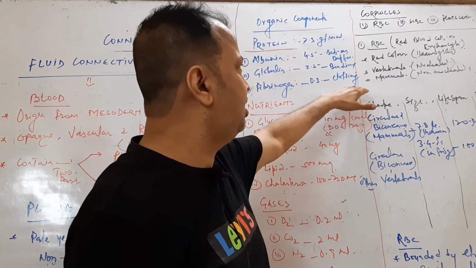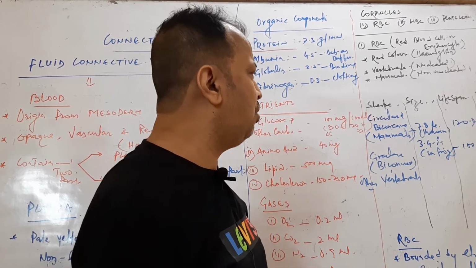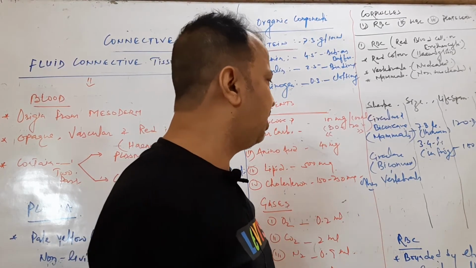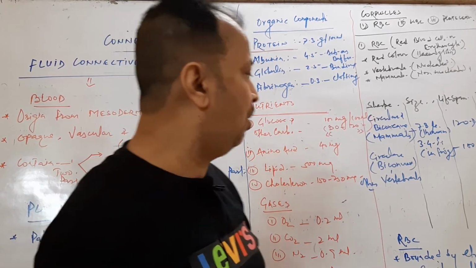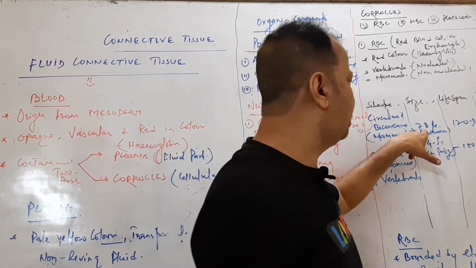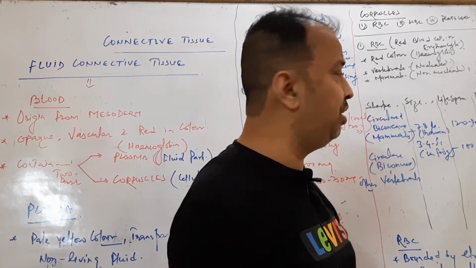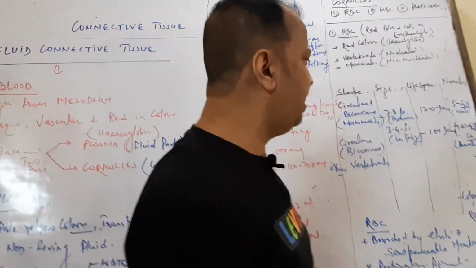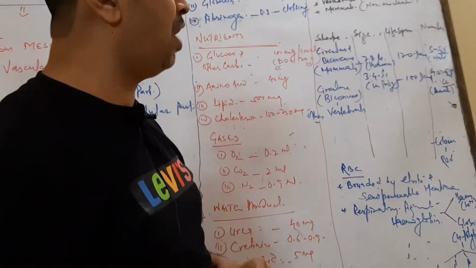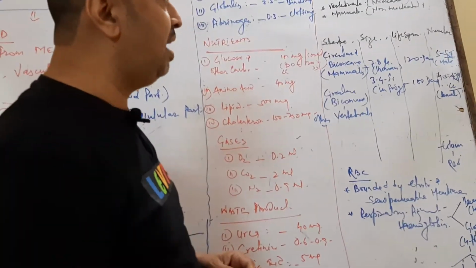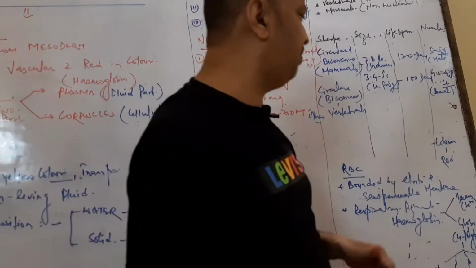The shape of the RBC in mammals is biconcave, and in other vertebrates it is biconvex. Size is about 7.8 micron in human and 3.4 micron in frog. Lifespan is about 120 days in human and 100 days in frog, and the number is about 5 to 5.5 million per cc in male and 4.5 to 5 million per cc in female.